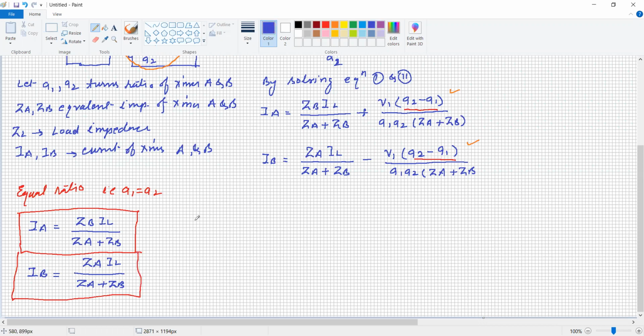So we can say that IA upon IB, these terms being similar, IL upon ZA plus ZB, is the inverse of their impedances, ZB upon ZA. So now IA ZA is equal to IB ZB, isn't it?